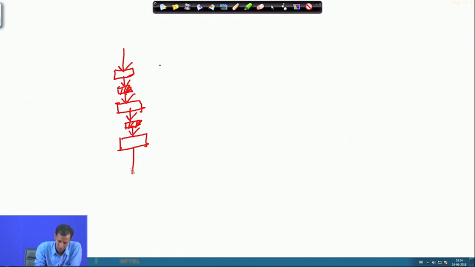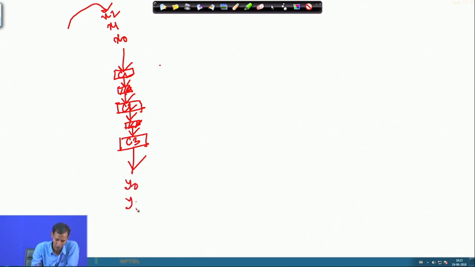Let me draw first. So, this is my C1, this is my C2 and this is my C3. Okay. There I have drawn it horizontally, here I have drawn it vertically. So, the inputs x0, x1, x2 are coming in this manner to the pipelined structure, and I am getting y0, y1, y2 and so on. But my requirement is, here the corresponding delay is 5 nanosecond, correct.